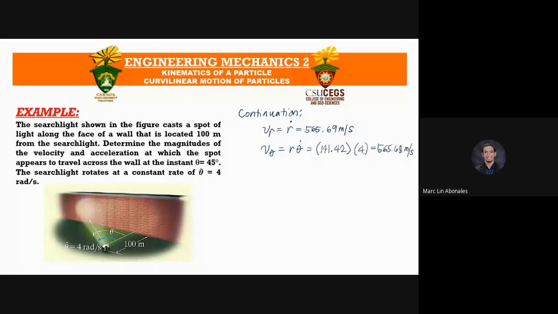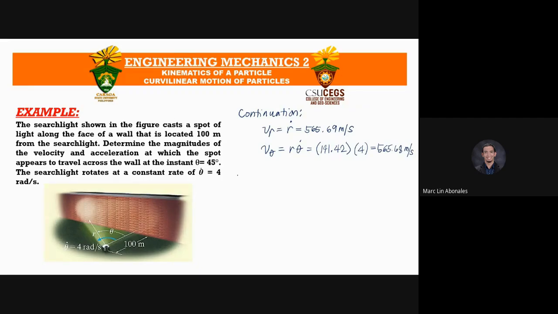Okay, ang sa 4 radians per second man. So when you multiply it with the radians, you did not include the radians naman god. So that's why meters per second na siya. So meter naman yung 141.42, tapos 4 radians per second, so that is 4 per second lang ang ato i-consider. So mao na meters per second ng iyahang unit. So we have already the two components.